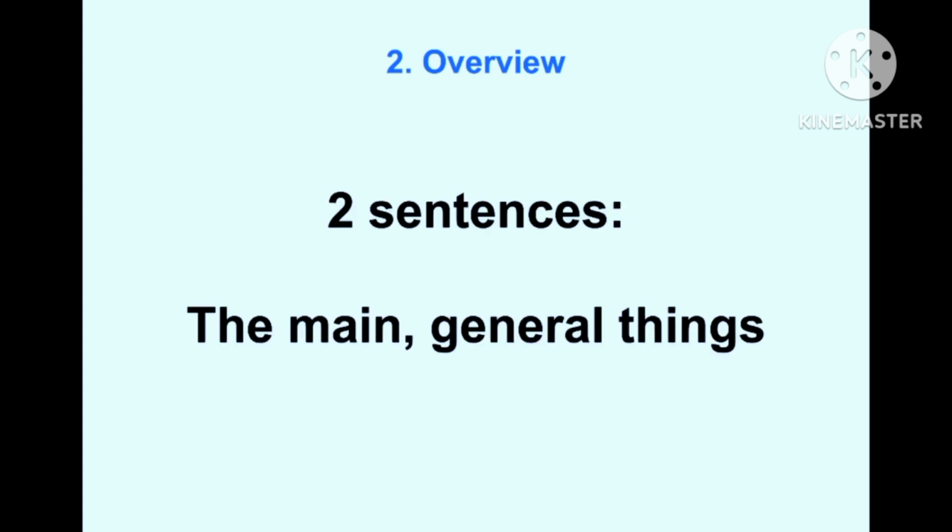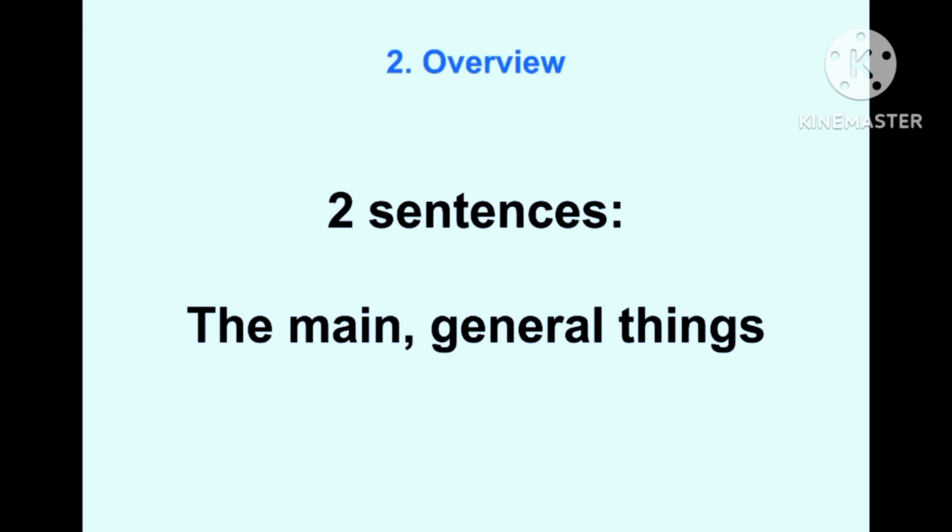Well, my advice is this is very important, so I give it 2 sentences. And in those 2 sentences, you're looking to explain or describe the main general things. So look for 2 main points. You'll see what I mean in more detail when we actually do some questions later on this course.